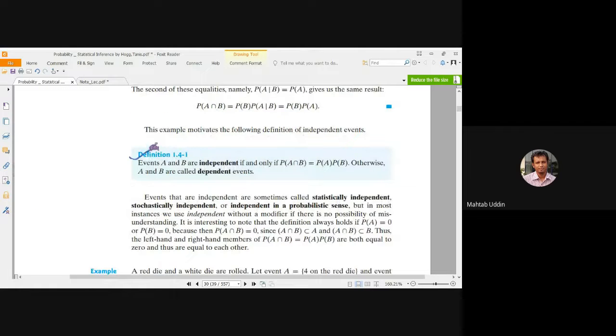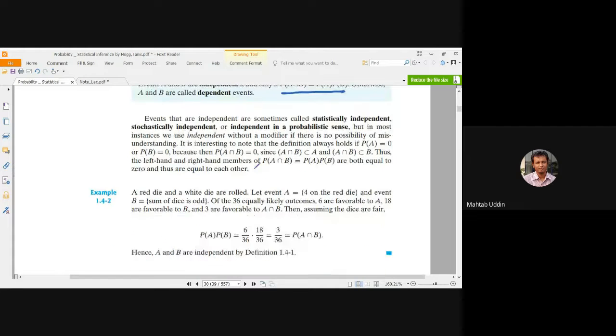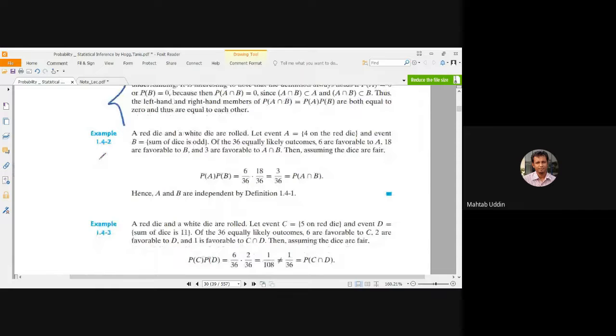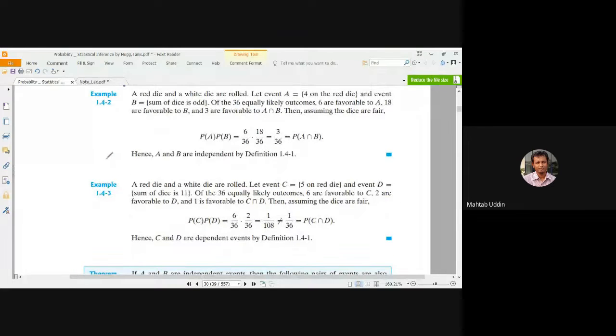This is the definition. How we can show it. Please read it carefully. Now, to describe example 2 and 3, we need to show a sample space, the two-dice sample space.